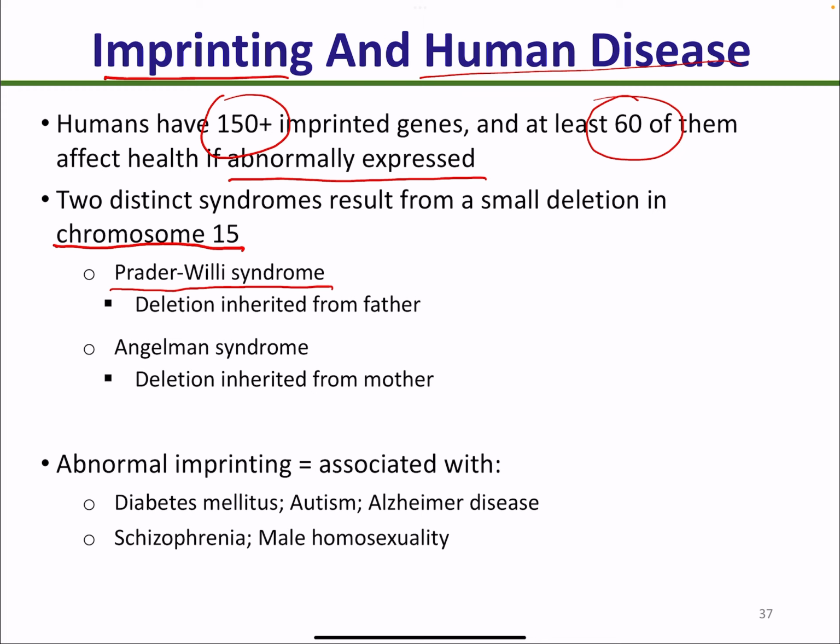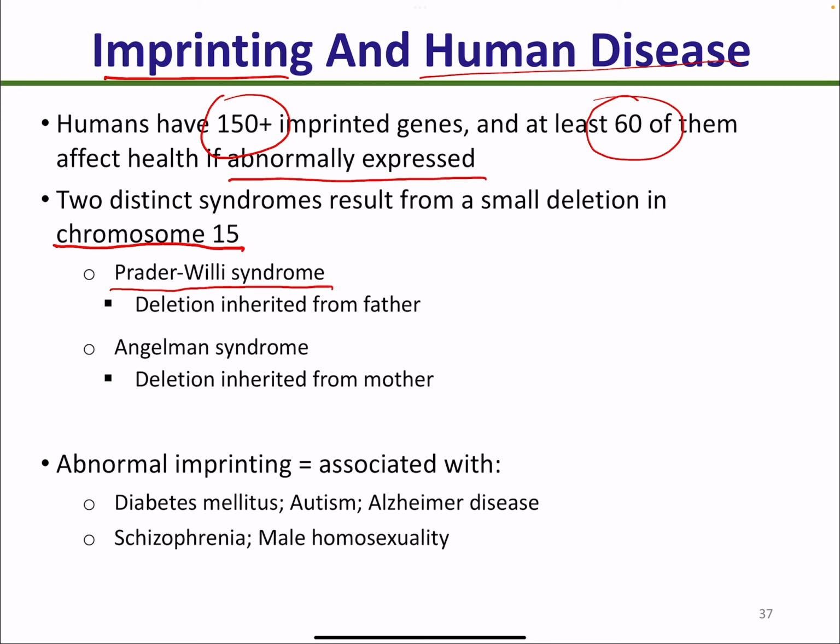There are many symptoms, obviously. One of the symptoms is obesity. That doesn't happen in all individuals. Small hands, that doesn't happen in all individuals. The distance between the eyes and many other phenotypical features that are typical to the Prader-Willi syndrome.